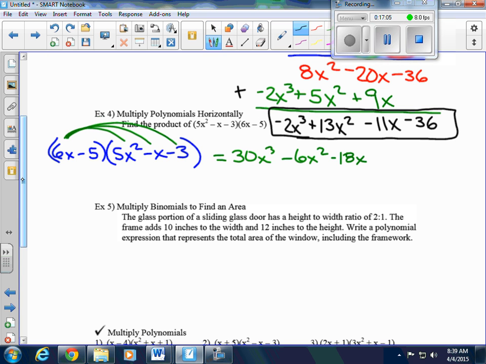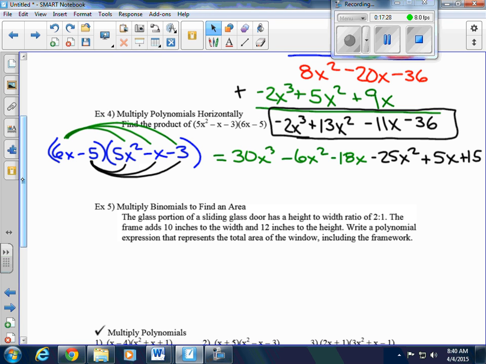Now we're going to do the same thing with the negative 5. So we're back to this distributive property. So negative 5 times 5x is negative 25x squared. And then we're going to have negative 5 times negative x, which is 5x. And then negative 5 times negative 3, which is plus 15.